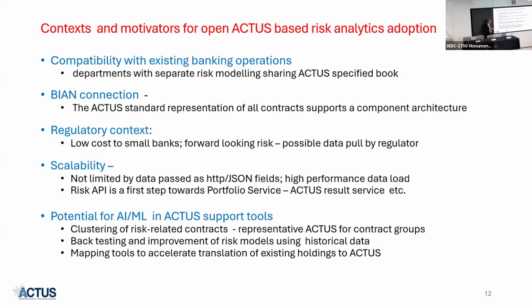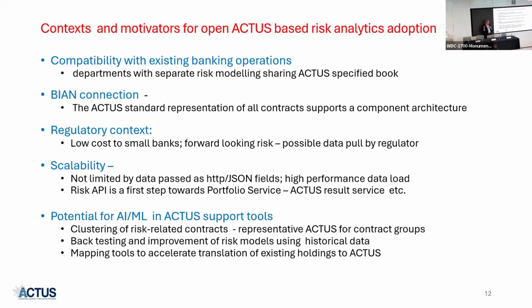Regulatory: we can open the chance of forward-looking risk analysis by small banks, for small banks, and by the regulator, making forward-looking analysis more automated and more straightforward. There is also scalability. Some of the things that we put into this proposed risk API help with scalability.